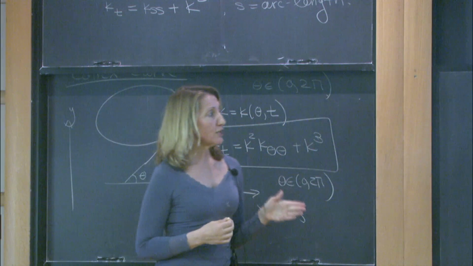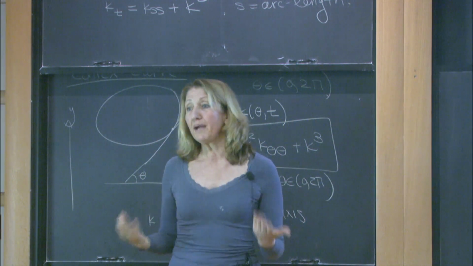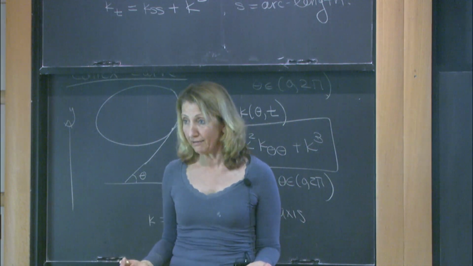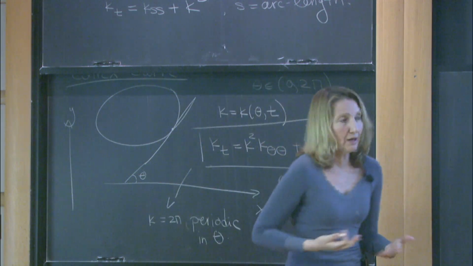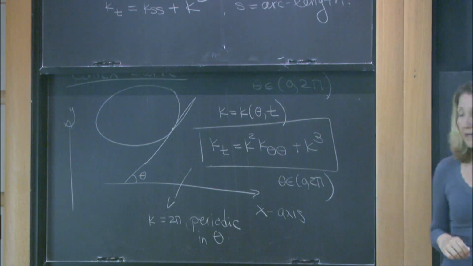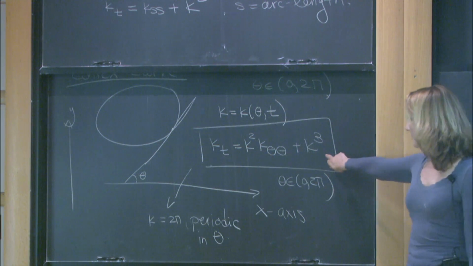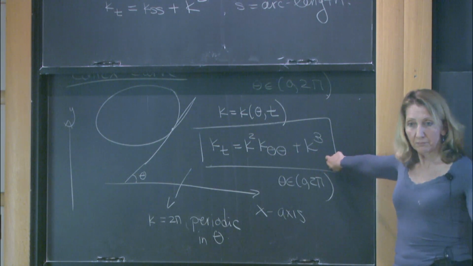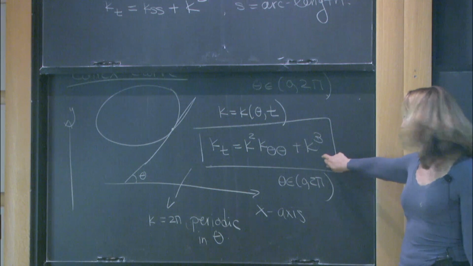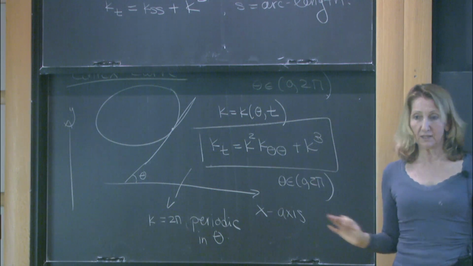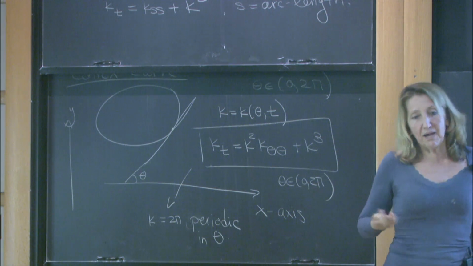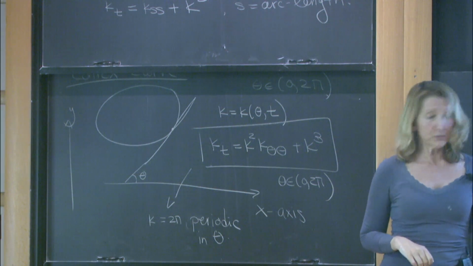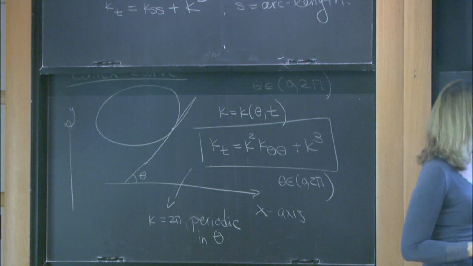So if I want to study how many ancient solutions I have under convexity, it is enough to study 2 pi periodic solutions of this very simple PDE. It's a mildly nonlinear PDE, so the problem is not difficult.